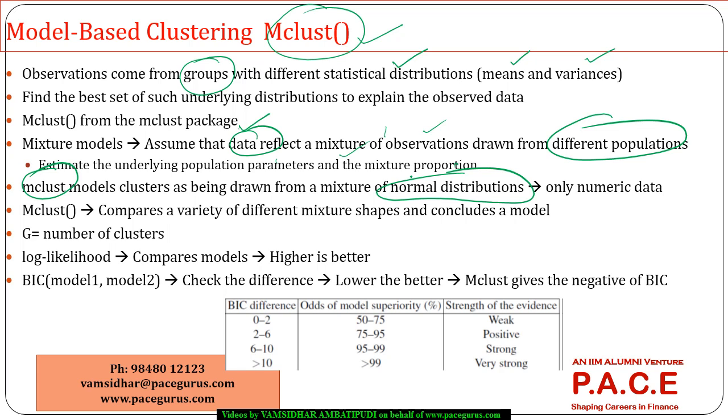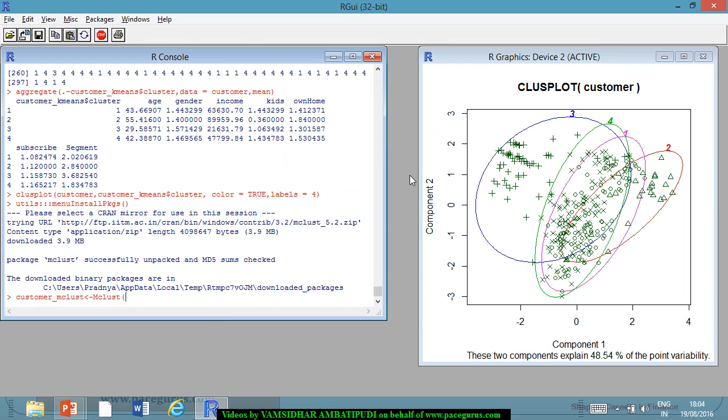So it assumes that all of them are coming from a normal distribution only, but the means and the standard deviations of each of the groups are different. So they are a mixture kind of distribution from where the data is typically coming from. So I can use the numeric data. So I'll call customer underscore numeric to do this Mclust algorithm.